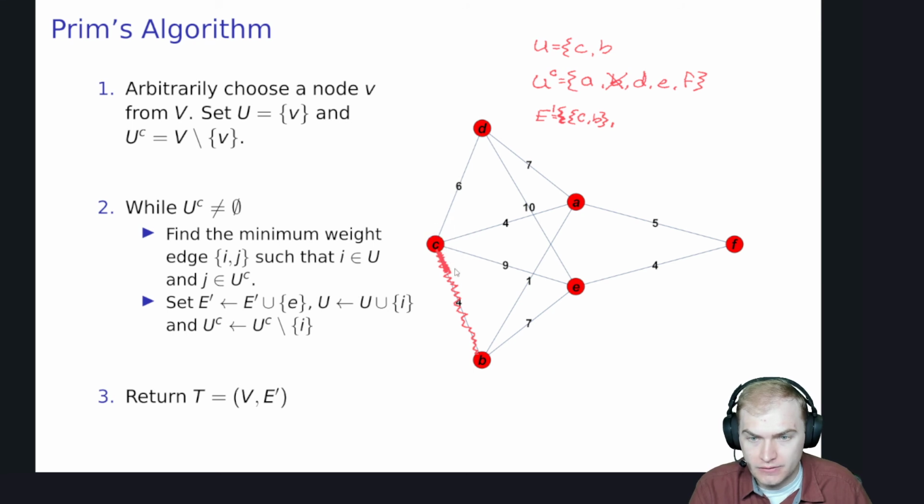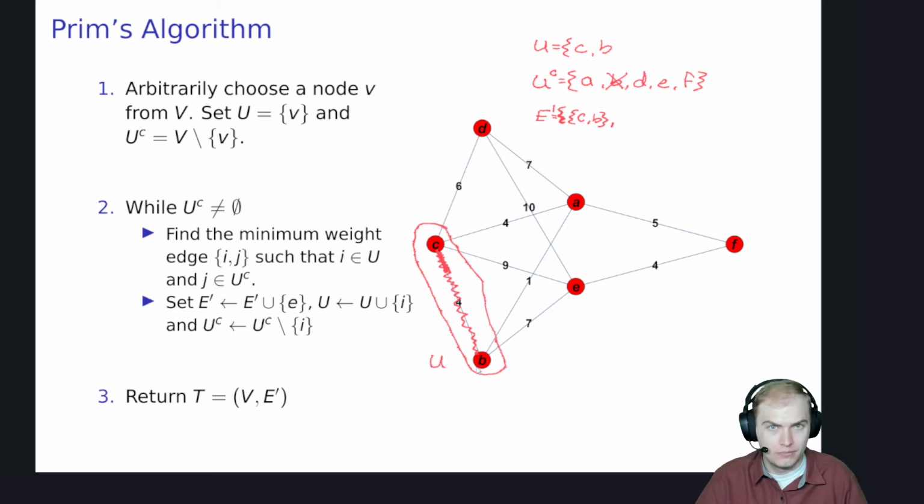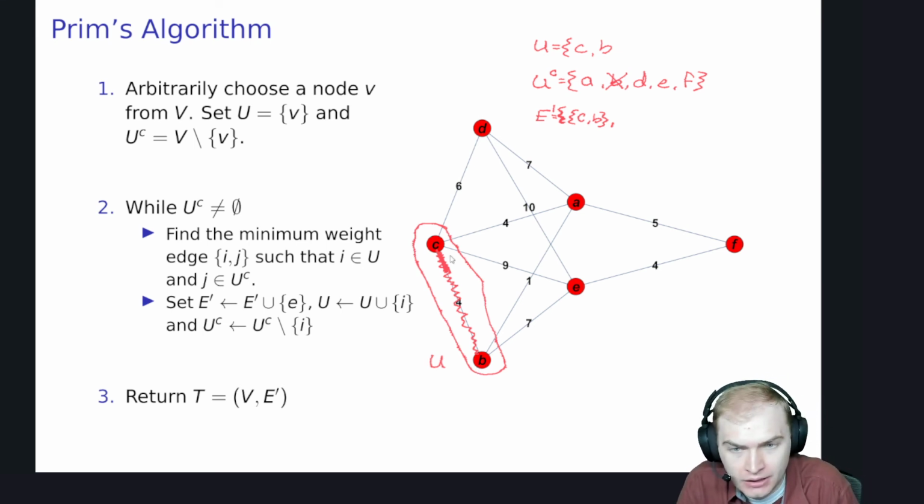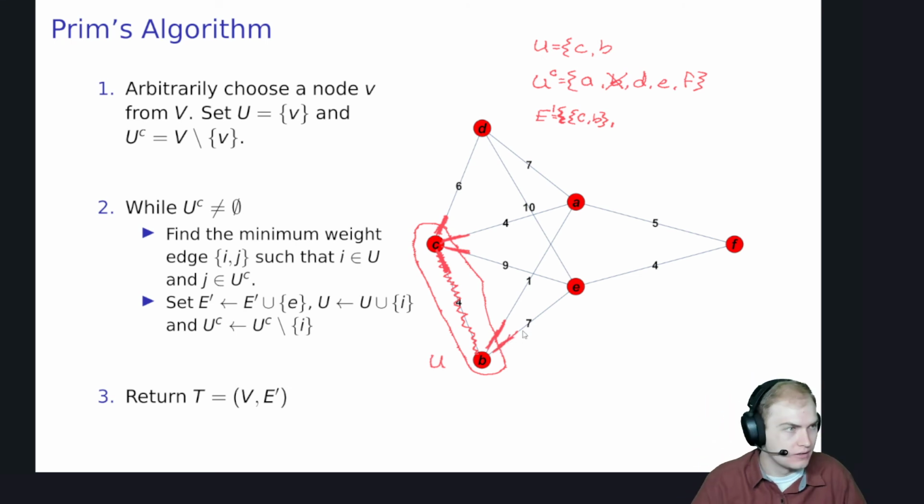So now we have a new U. This is the set U, C and B. So we have to pick the smallest edge that leaves U, which is any of these that I've just highlighted here.